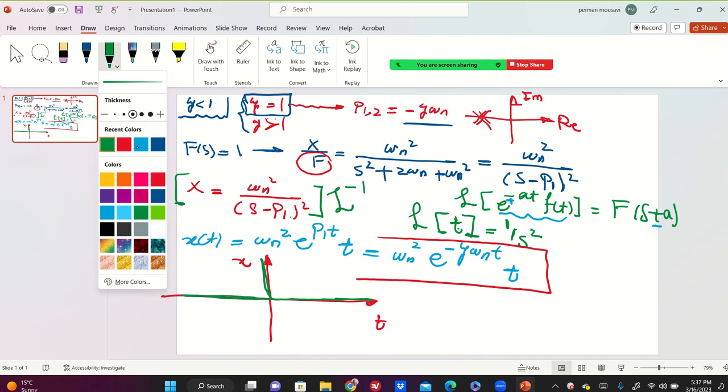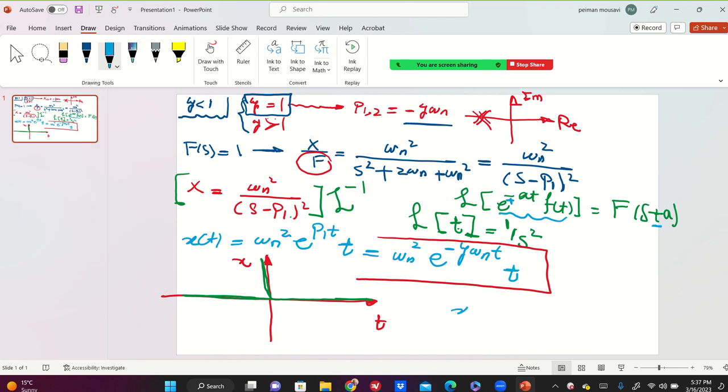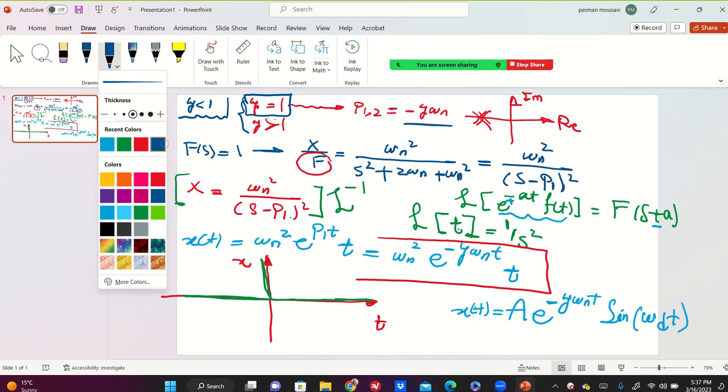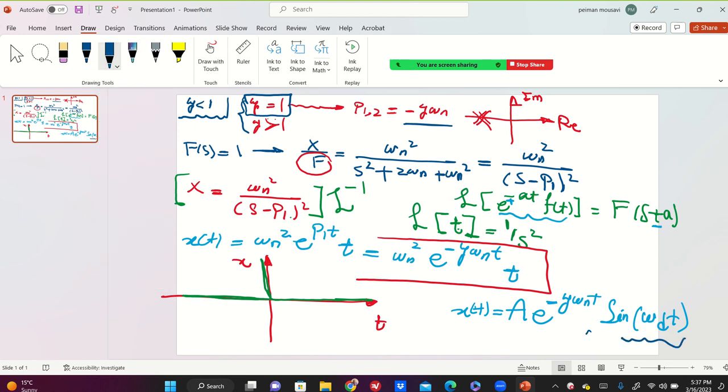Now remember, when we had the underdamped system, x of t was A e to the minus zeta omega n t sine omega d t. We had a harmonic associated with some decay, which is why for the underdamped system we had a vanishing harmonic. You have it in your notes, and this was when zeta was smaller than 1.